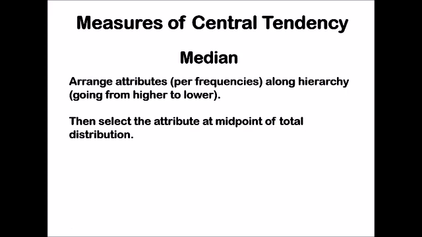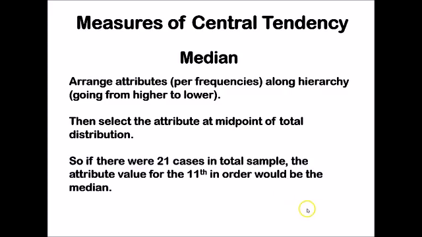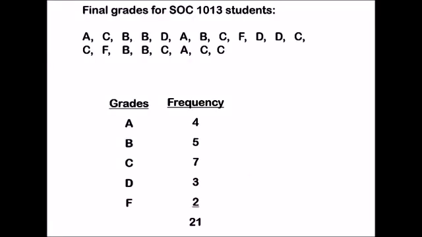Now, I know that may sound a little strange, but as we get into it, it'll make more sense. So if there were 21 cases in our total sample, the attribute value for the 11th case in our order would be the median. Okay, so let's go back to our final grades for Sociology 1013 students.